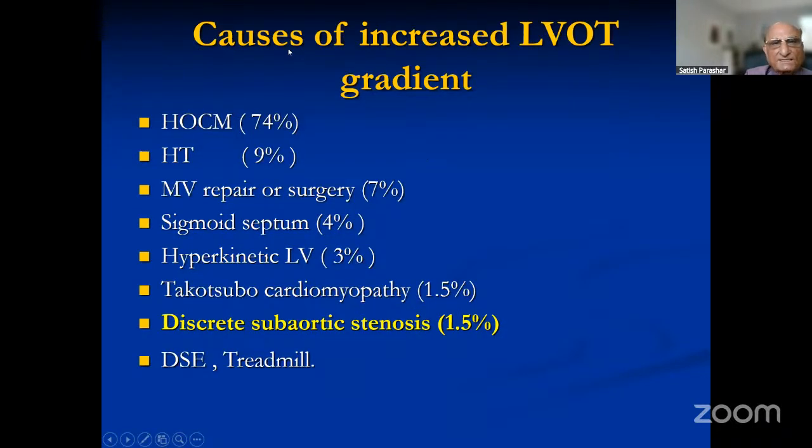So there are many other causes of LVOT gradient, but we had about 2-3 cases of a discrete subaortic stenosis, and all of them are based on the same thing: LV activity, hyperkinesia, the BP, tachycardia. But we had two or three cases.